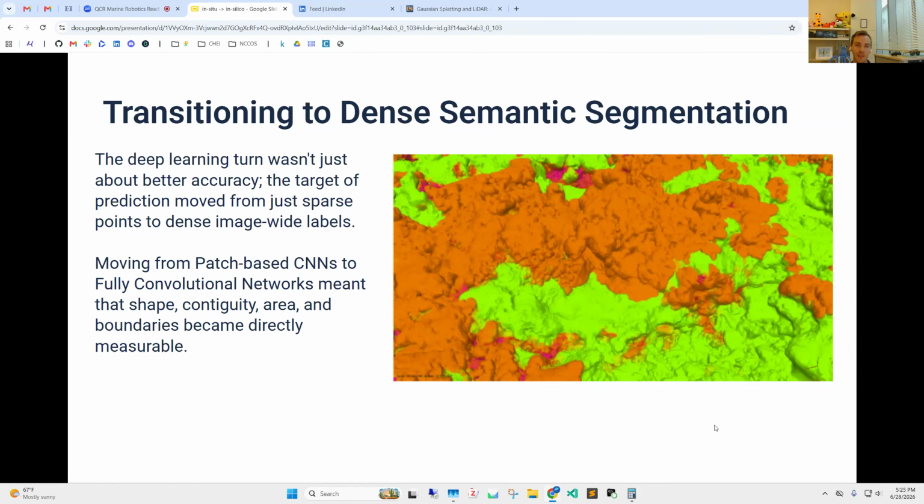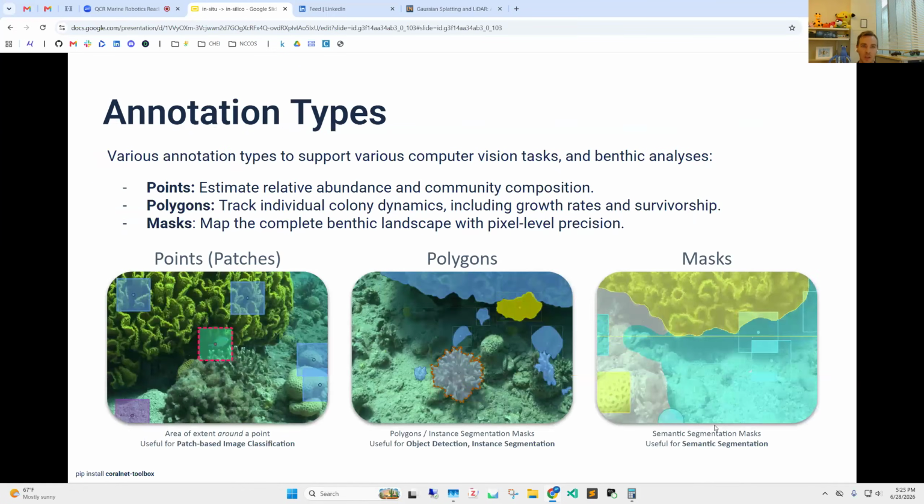So it was around this time that you started moving away from simple cover fractions and started looking at how you would actually map the benthic landscape. And maybe as a result of deep learning, fully convolutional networks, things like UNet, showing major success in other fields, people wanted to adopt that and bring it to coral reef ecology.